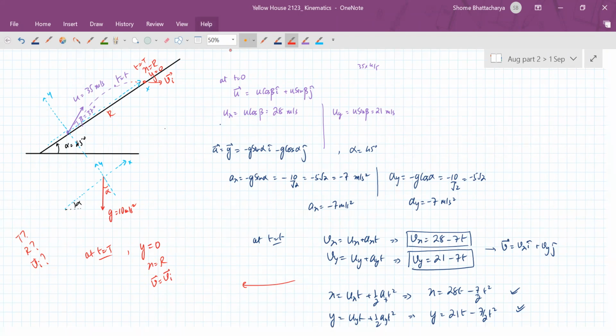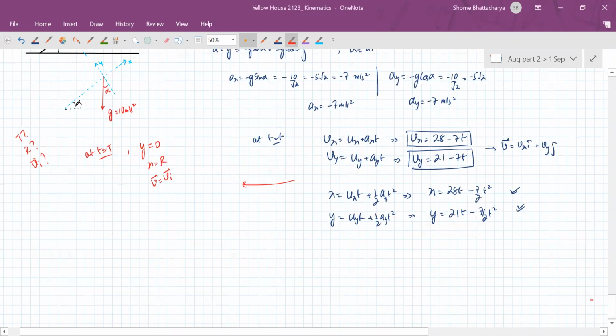Okay, people, so let's finish off this calculation quickly. Yeah, I think you will get whole values if you just take that root 2 as 1.4. Should not be too difficult. Okay, so you can see that when you solve this thing, that y is equal to 0, so you are having time as 21t minus 7 by 2 t square is equal to 0.